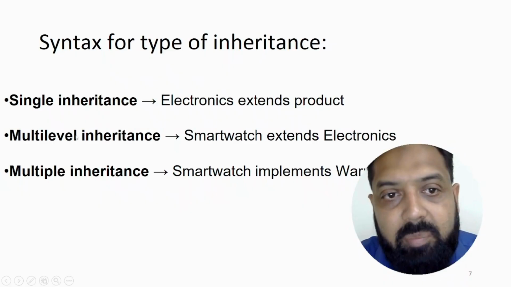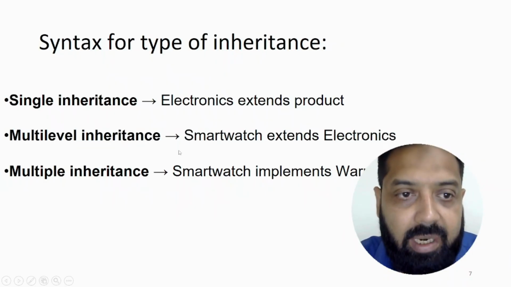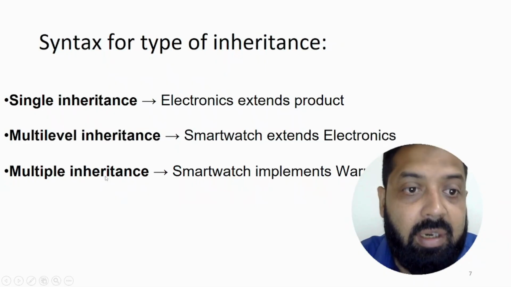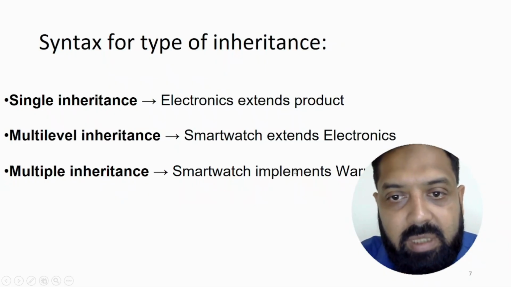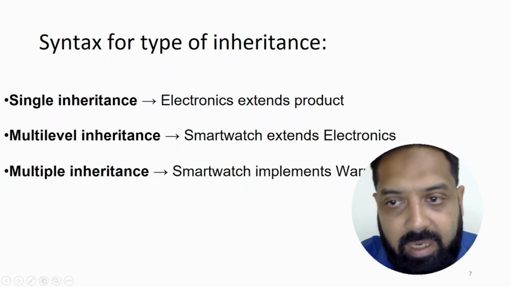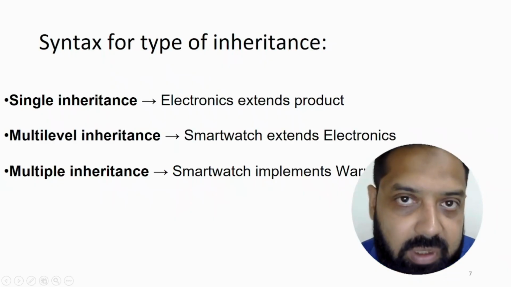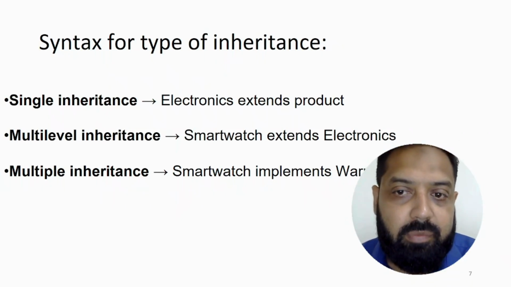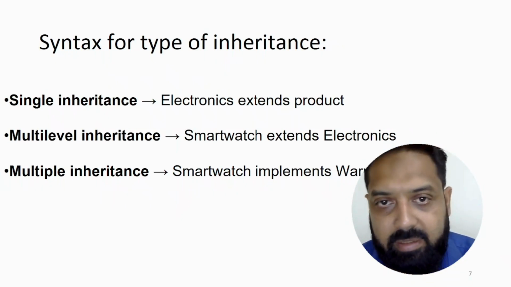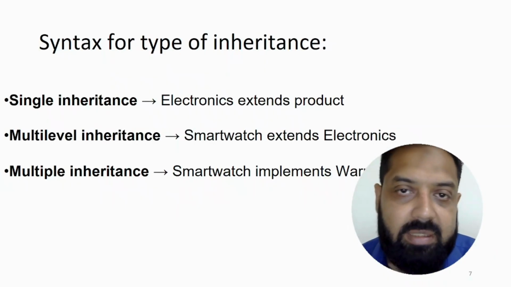We have created the multiple inheritance in which our smartwatch extends the electronic class, and in order to implement multiple inheritance we created smartwatch that implements warranty and discount, and warranty and discount are the interface classes that contain the abstract methods for implementing the multiple inheritance concept in Java. So it's all about today's lecture.